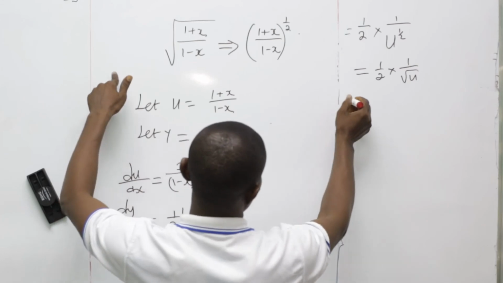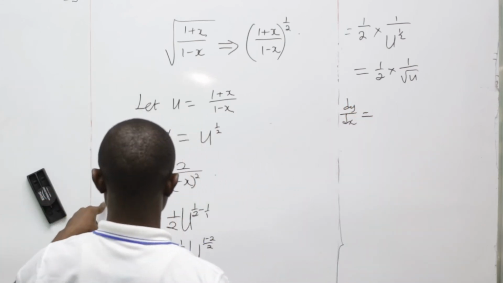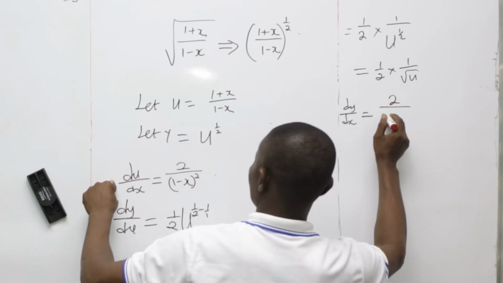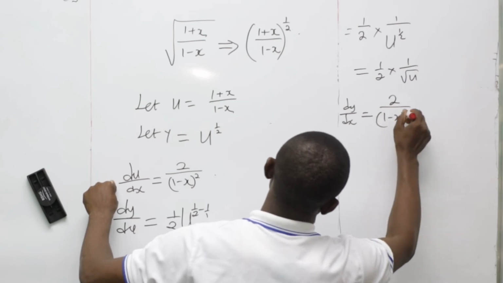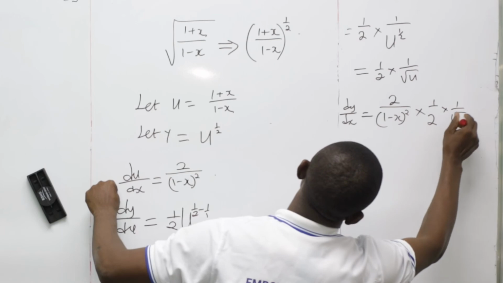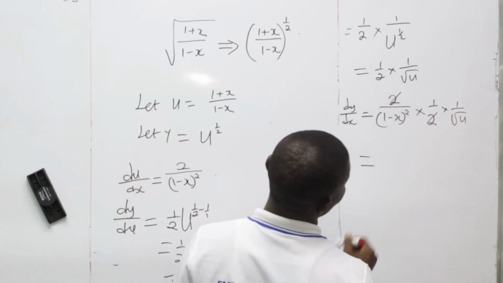The chain rule saying the y, the s equals who? The u, the s. What is the u, the s? 2 all over 1 minus s all square multiplied by who? 1 all over 2 times 1 all over root u. To give us what now? This can manage this, okay?